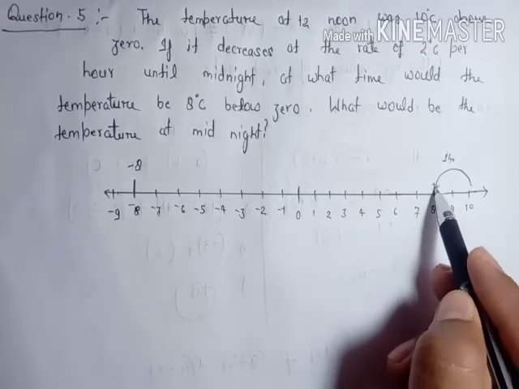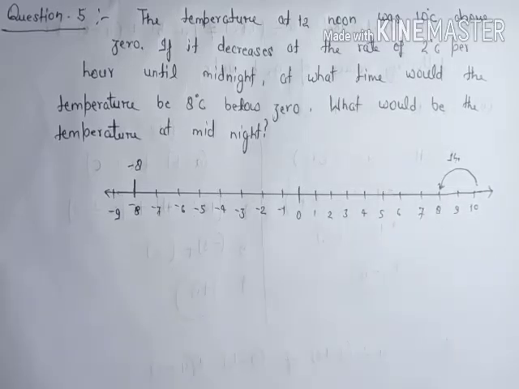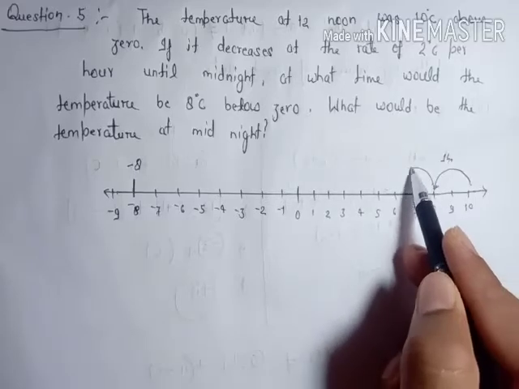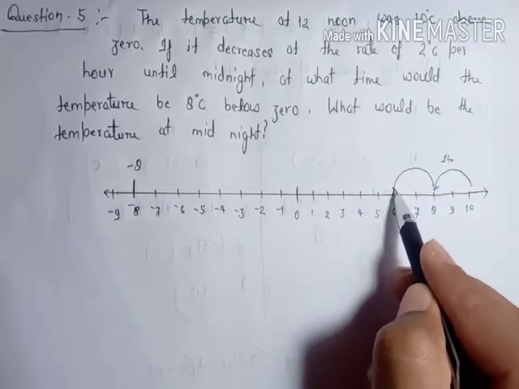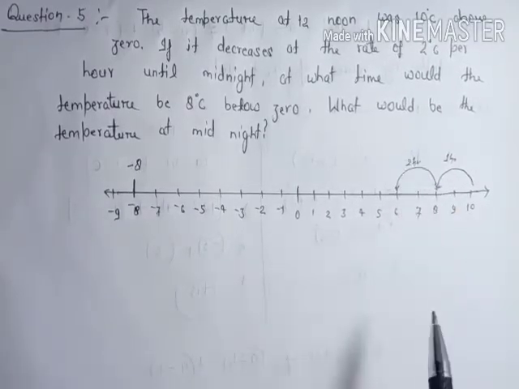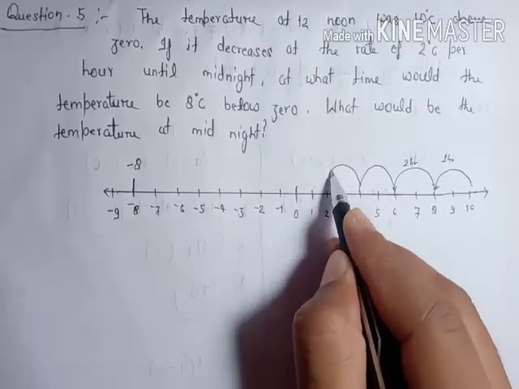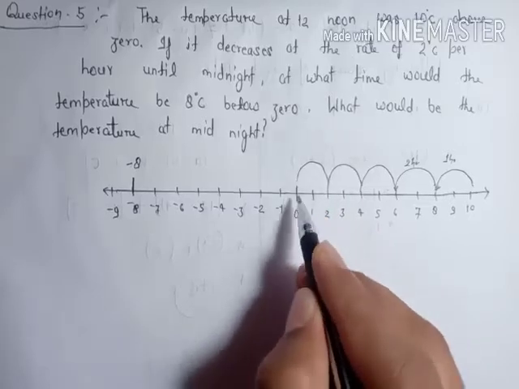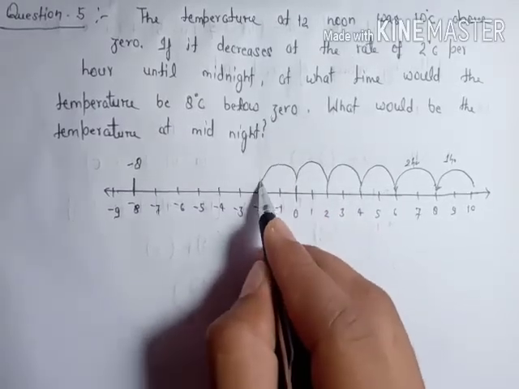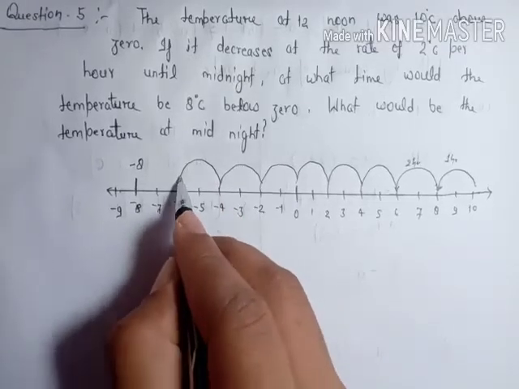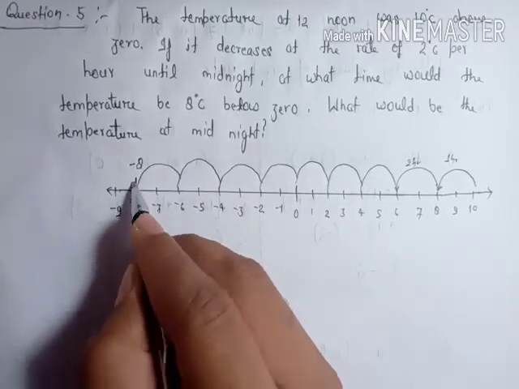Now you can solve this question by this number line. This is 1 hour, this is 2, again 2 degrees centigrade, 3 hour, 4 hour, 5 hour, 6 hour, 7, 8 hour, and this 9 hour.